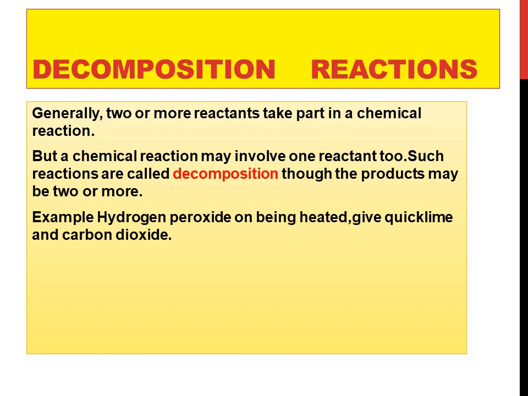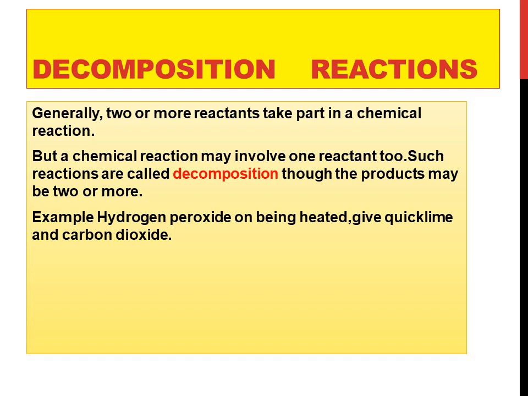Here I've shared the definition. A chemical reaction that involves only one reactant is called a decomposition reaction. For example, hydrogen peroxide on being heated, so reactant is only one, hydrogen peroxide on the left hand side. When we heat it up, it is going to give quicklime and carbon dioxide. So the products are 2 and the reactant is only 1. Such is an example of the decomposition reaction.